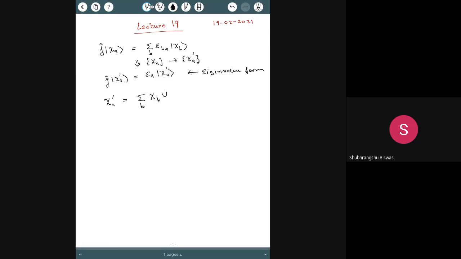we obtained the Fock operator equation, which was not in an eigenvalue form, which made it difficult to solve. So we proposed that we change the set chi A to a set chi A prime, such that the operator equation becomes an eigenvalue equation.